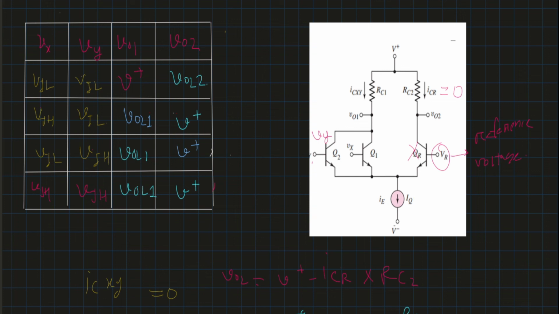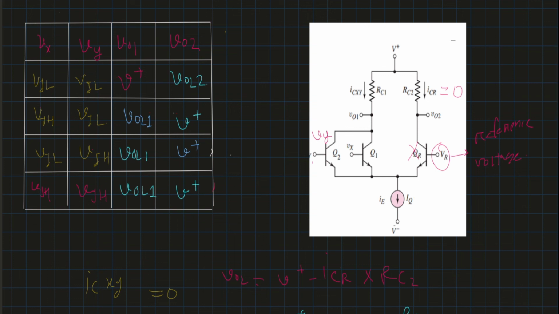We'll establish the values of these input levels in the next example. Now, when the first input is logical high and the second input is logical low, and for all other cases, our VO1 is logical low and VO2 is logical high.